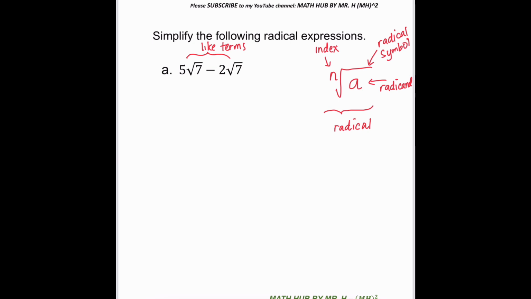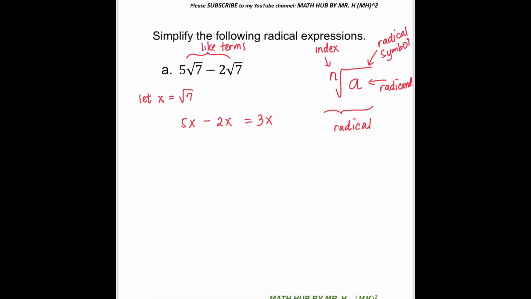So it's like if we let x be equal to square root of 7, definitely you can have 5x minus 2x. And by recalling some important things in algebra, 5x minus 2x is going to give you 3x.